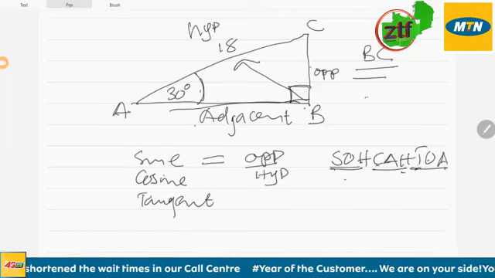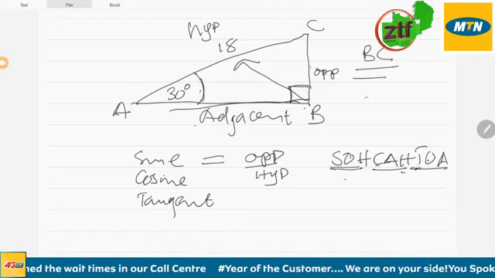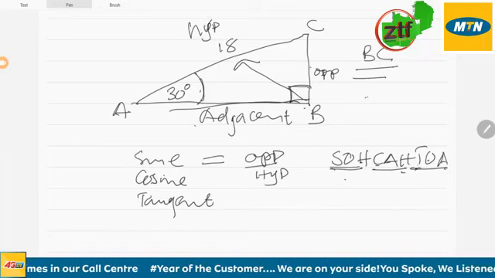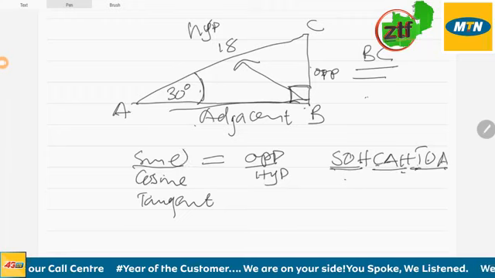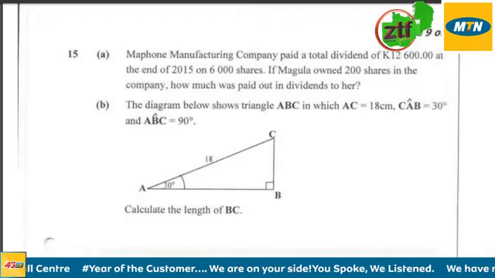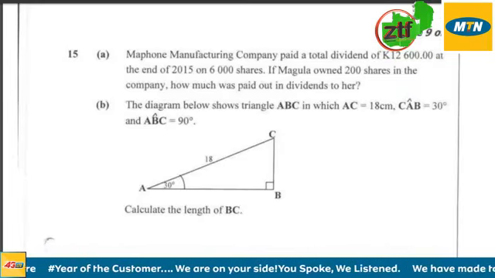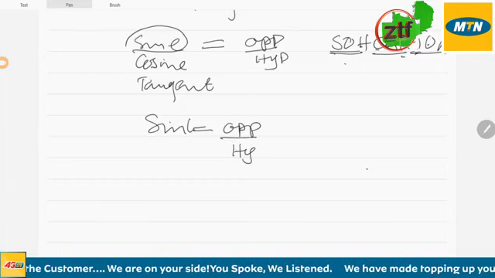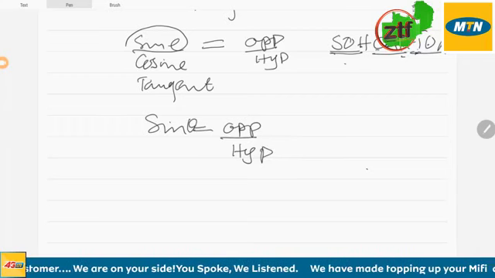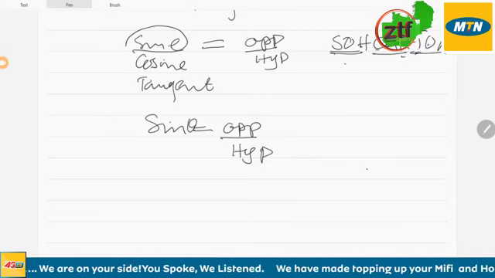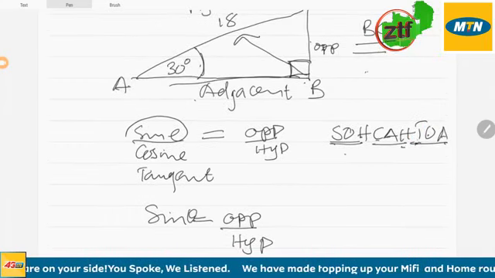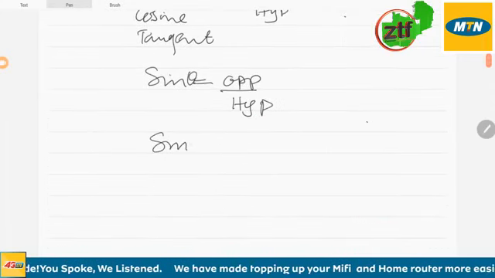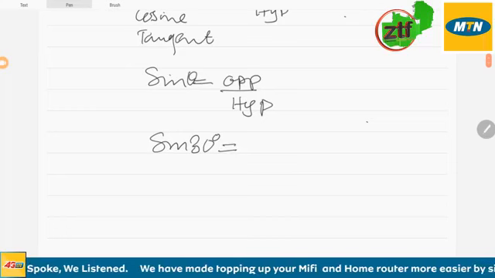Now, when you look at the information given in the diagram, we have the opposite and we also have the hypotenuse there, meaning we are going to use one trig ratio, which is sine. So we are going to say sine theta equals opposite over hypotenuse. The angle given is 30. So we are going to say sine 30 degrees equals, what is the opposite?